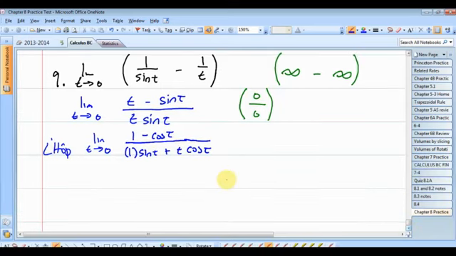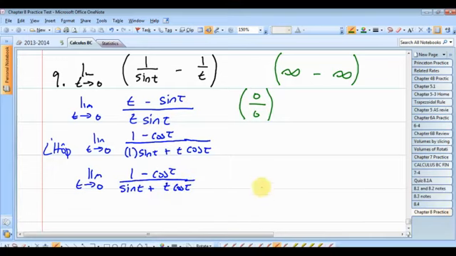Not so happy with that. I think I want to clean that up. The limit as t approaches 0 of 1 minus cosine t over sine t plus t cosine t.